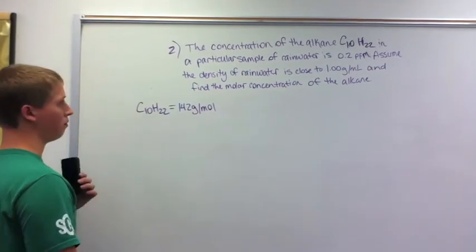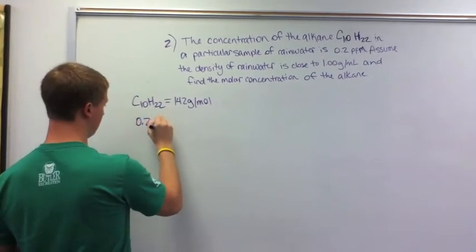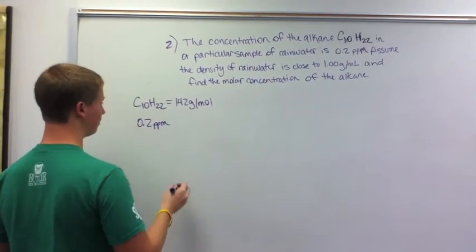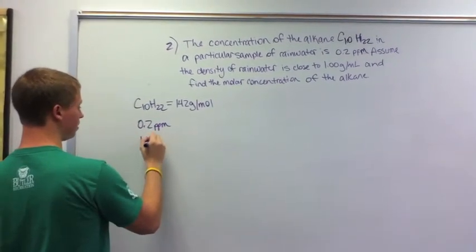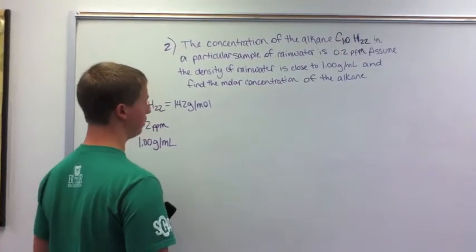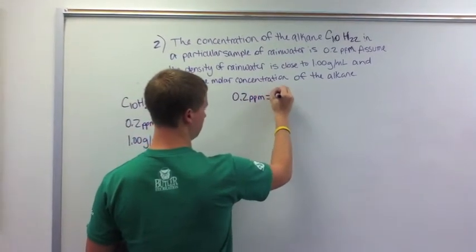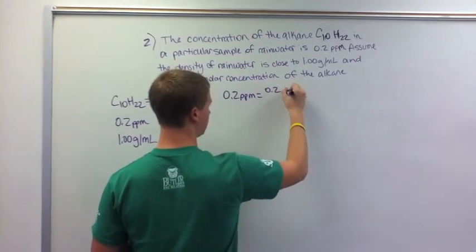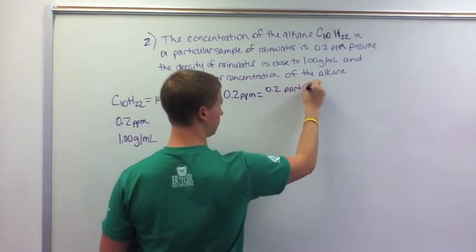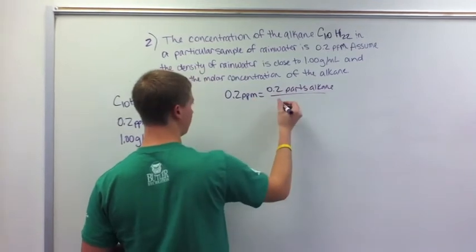You notice that it's parts per million this time, which is going to change pretty drastically from billion. And you notice that your density is still about the same. First thing you want to do is notice that your parts per million is 0.2 parts alkane over your parts water, which is 1,000,000 this time, not 1,000,000,000.